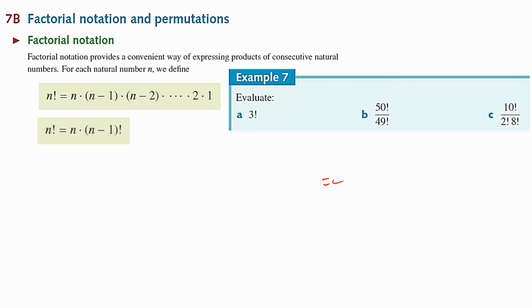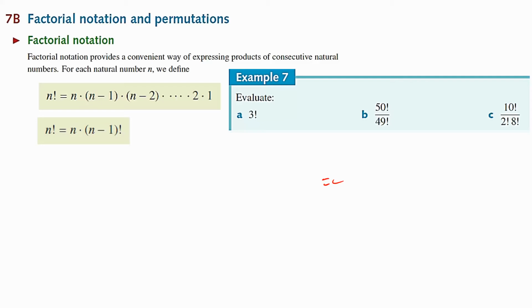But you can also say, since this is n, you can also write n times (n minus 1) factorial. Because n minus 1 factorial just means n minus 1, times the one less than that, and it carries on. The one before that is n minus 2, the one before that is n minus 3, and it carries on.